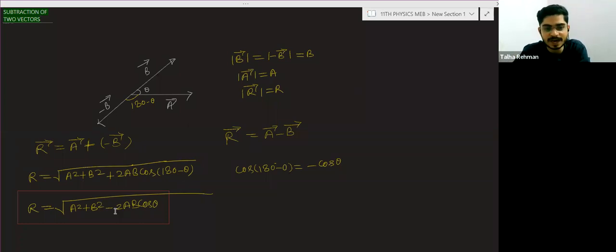This R is given by the parallelogram law. This triangle law just represents the resultant. We can apply the triangle law also, we can apply the parallelogram law also, but most of the time we will use the parallelogram law. So this is from the parallelogram law.